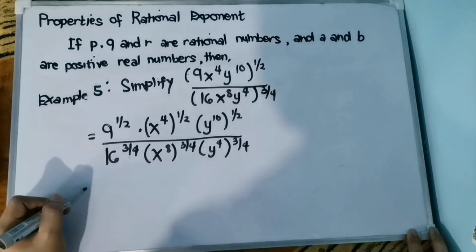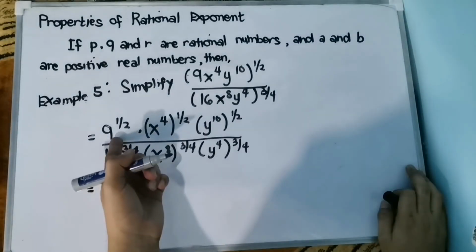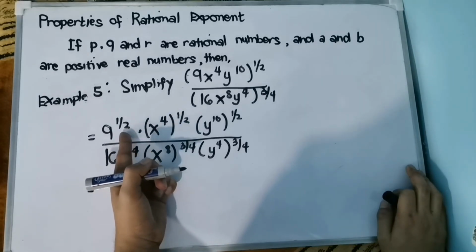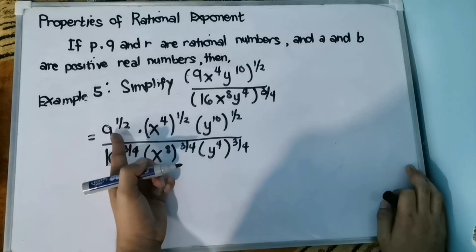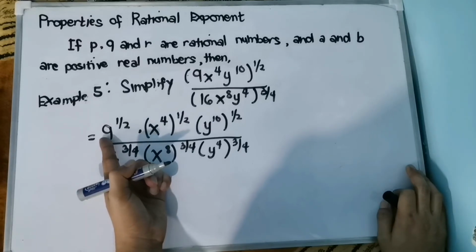And then we have here a coefficient that is raised with a rational exponent, so we can get the square root. So, katulad dito, 9 raised to 1/2, that is square root of 9. Or kaya naman, the other way around is to simplify that.